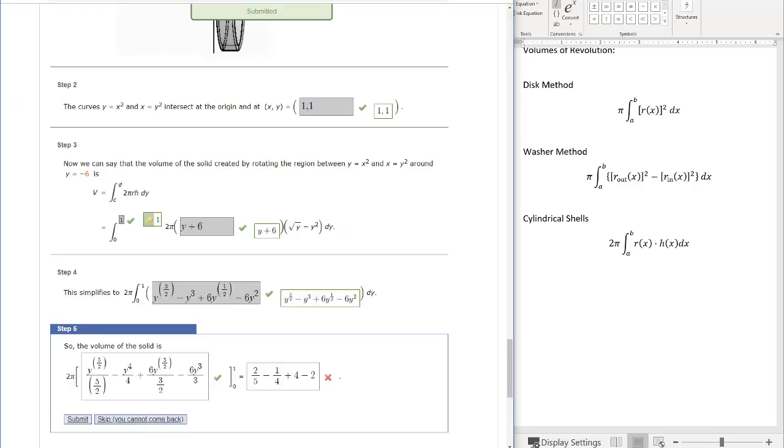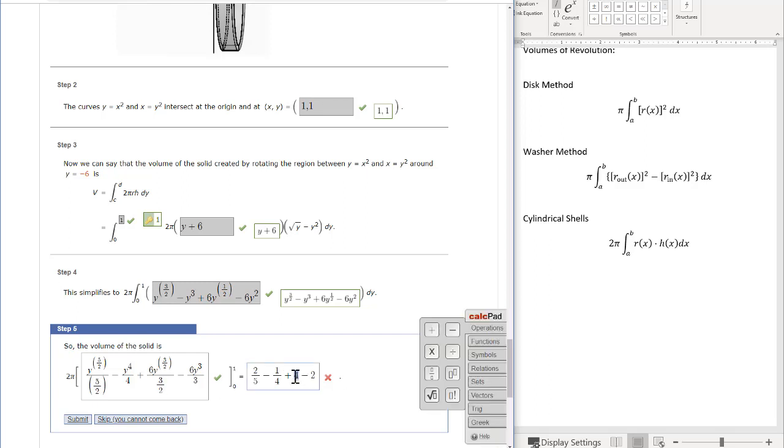No, it didn't take it. So let's double check everything. 5/2, so this part's correct. We did our integral correctly. 5/2, 1/4, 6 times 2/3. The 6 and the 3 cancel. That would leave a 2 in the numerator.